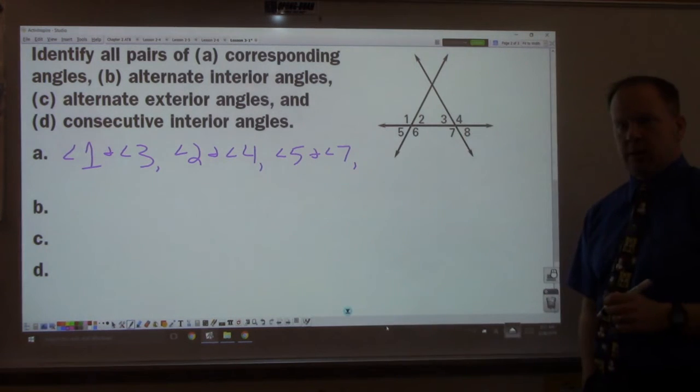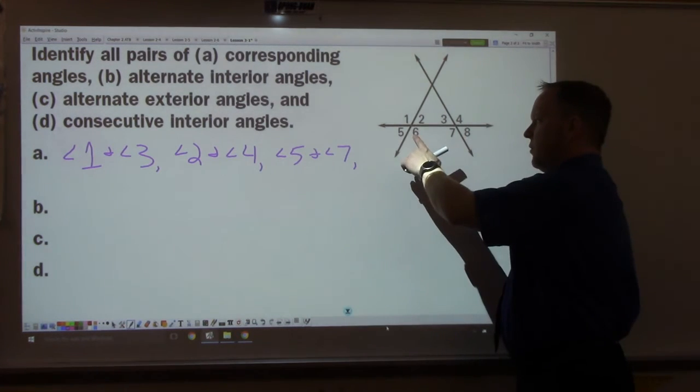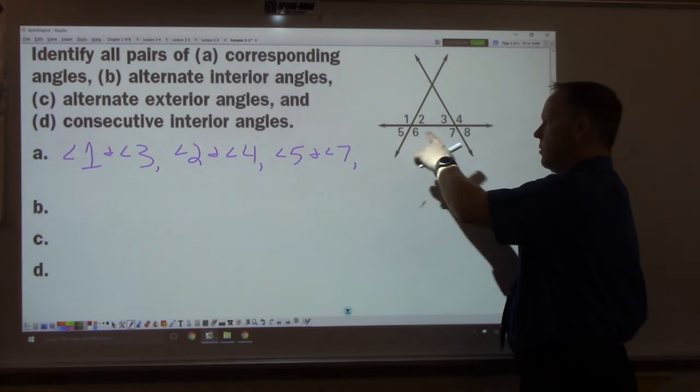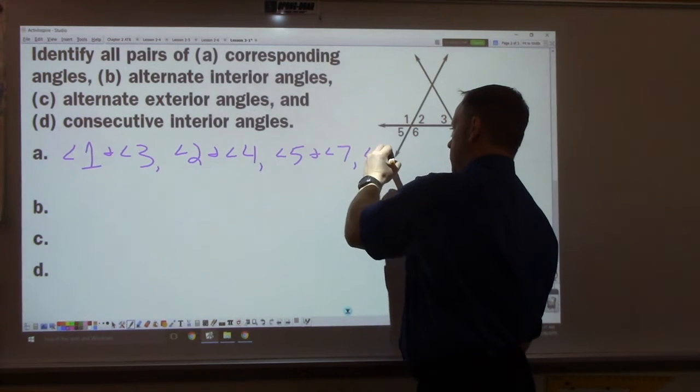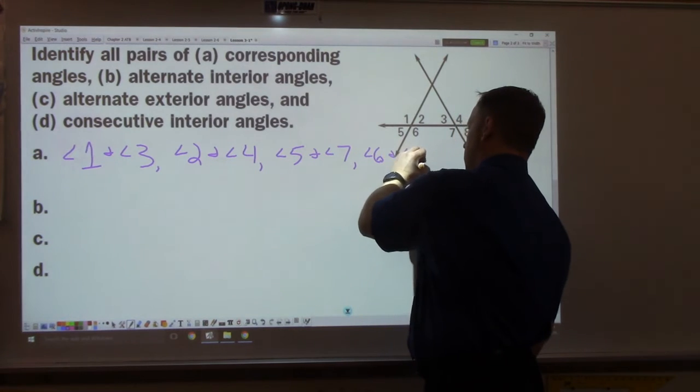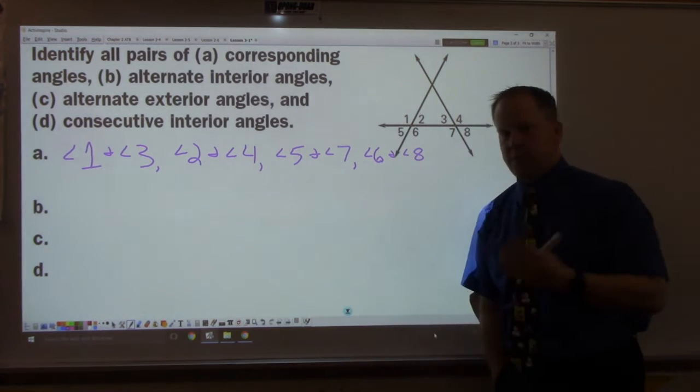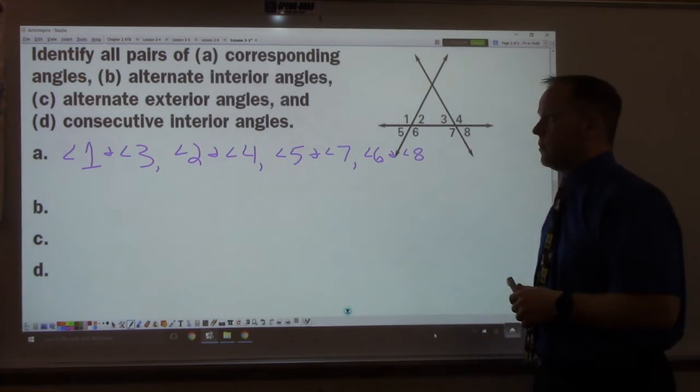And then the last pair of corresponding angles, angle 6 would correspond to angle 8. There's your 4 pair of corresponding angles.